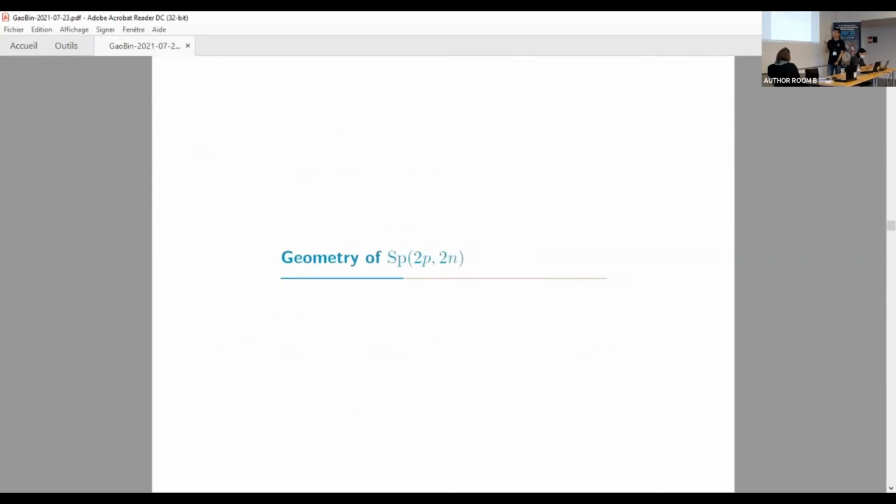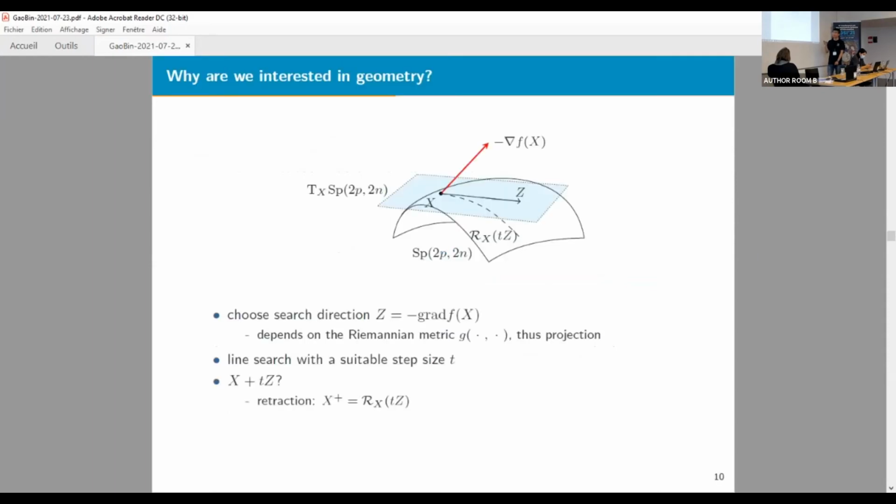First, we want to investigate the geometry of this set. Why are we interested in this geometry? As I mentioned, I'm working on optimization over the manifold. As you know, it is a curved space, and it has a tangent space, and we can search along the tangent space. But if you search along the tangent space, the new point will not belong to the manifold.